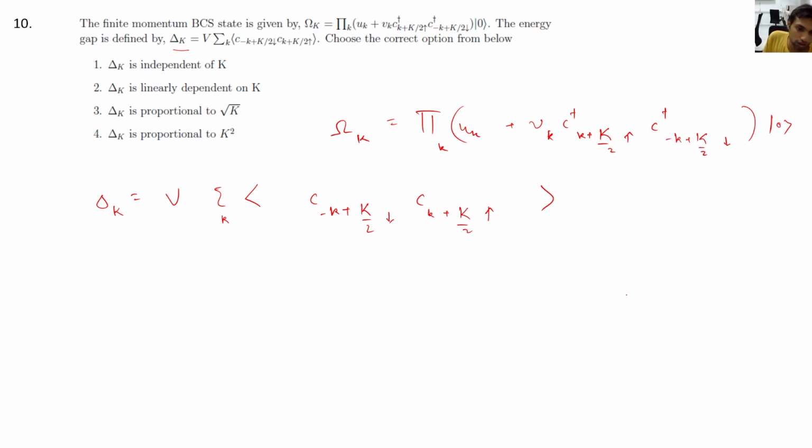So now let us find this quantity. So delta K is equal to V over K. So we have to substitute this over. So there are these two, the bra and the ket, so we have to substitute this. So for this, what we have is uk.